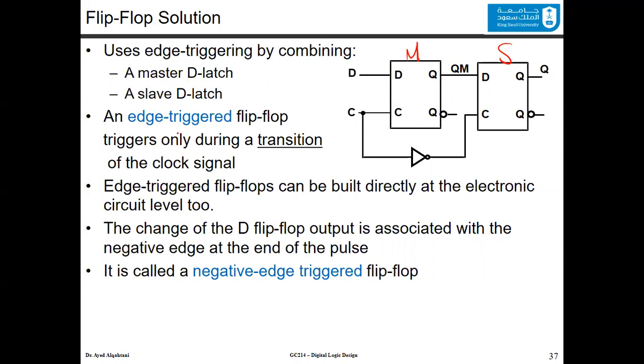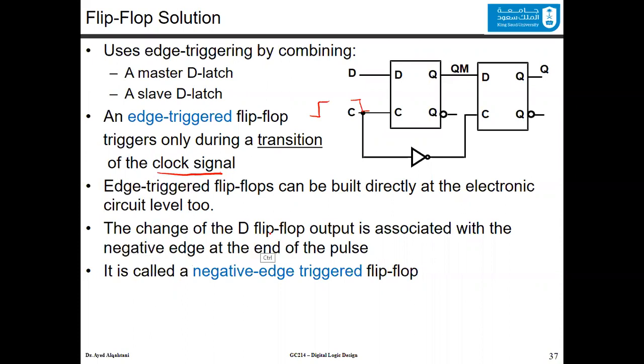An edge-triggered flip-flop triggers only during a transition of the clock signal. So whenever the clock was 0 and goes to 1, or it was 1 and goes back to 0, there will be a change in an edge-triggered flip-flop. It can be built directly at the electronic circuit level as well.